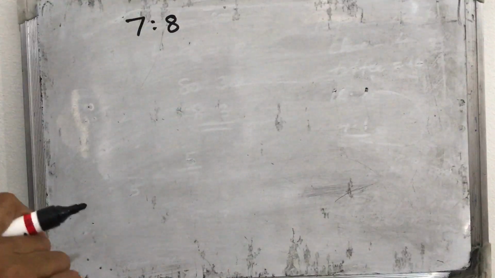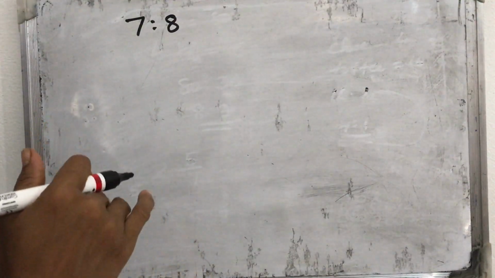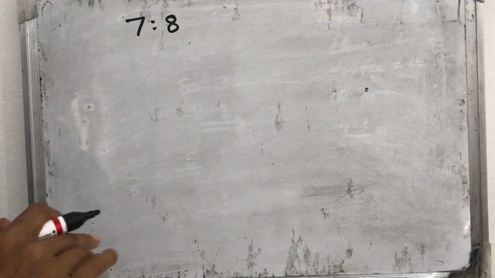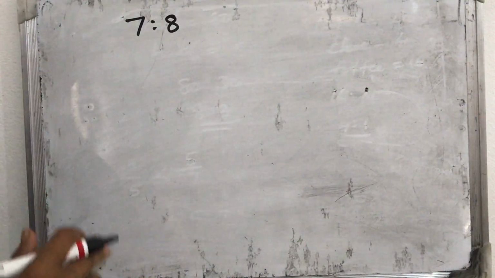Supplementary angles, you know, the sum of the two angles will be 180. Such angles are called supplementary angles. And if the sum of two angles is 90 degrees, such angles are called complementary to each other. Here the ratio of the two angles is given as 7:8 and they are supplementary.